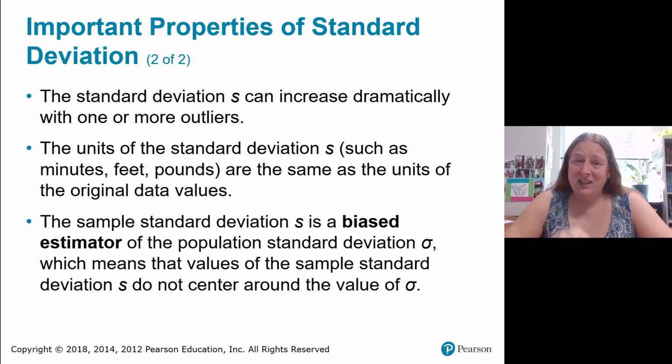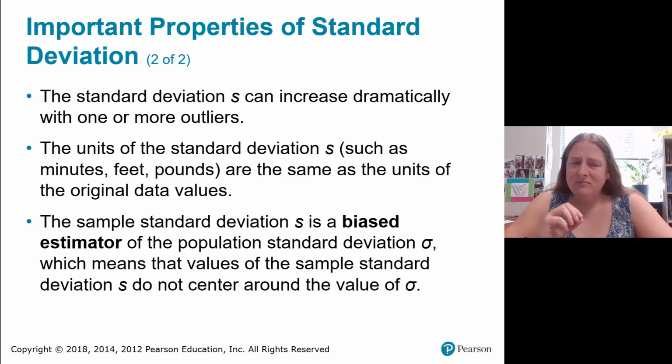Also, if we have an extreme low or an extreme high value in our data set, it's going to increase our standard deviation. Right? So the units of standard deviation are the same as the units of the original data.